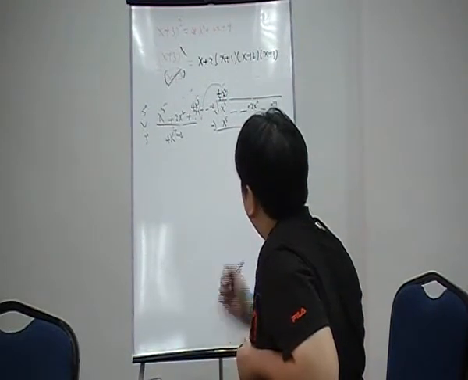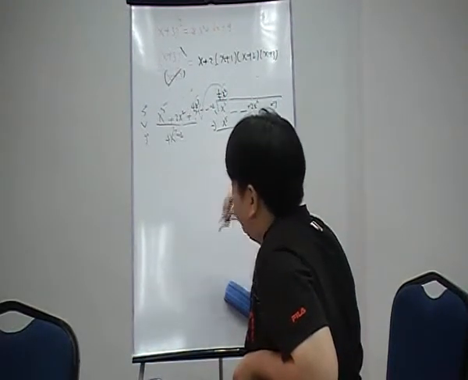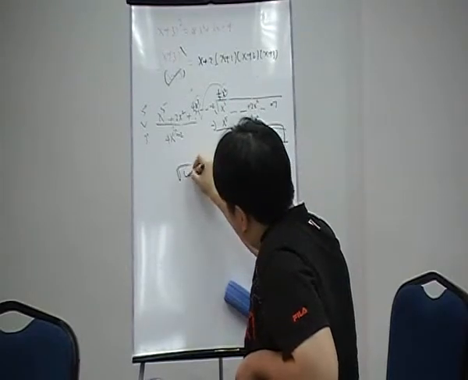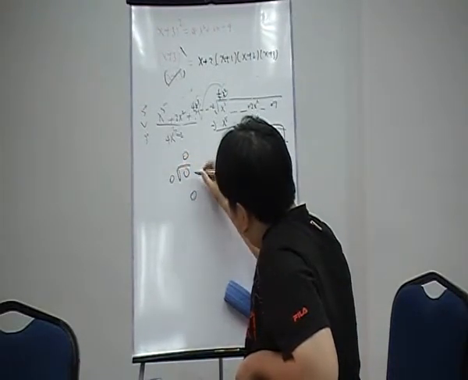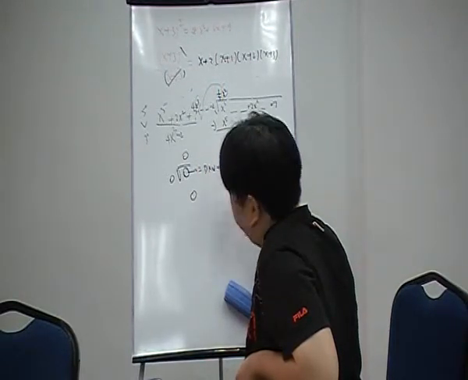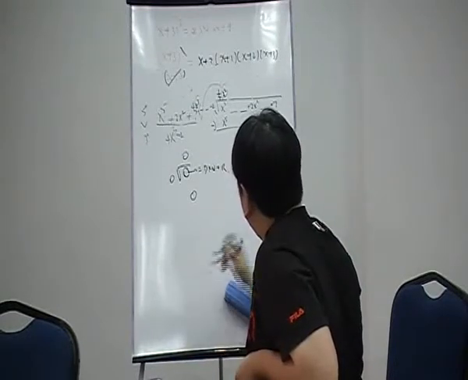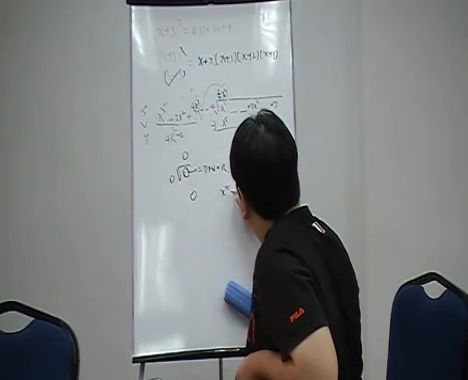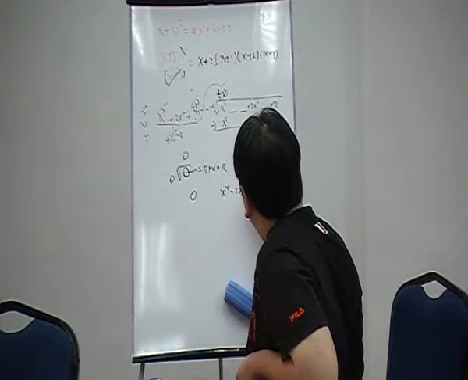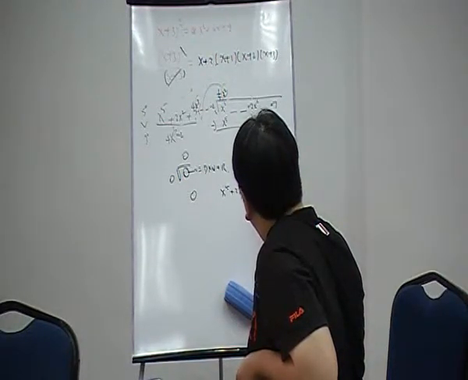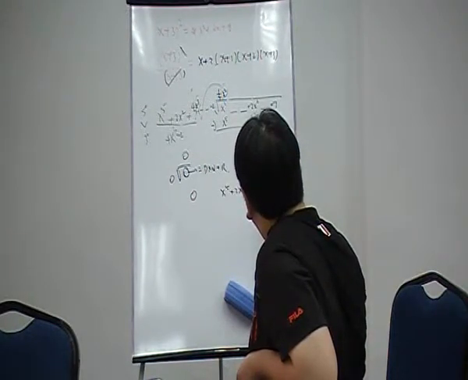So how do you write it back? You say this thing is equal to divisor times quotient plus remainder. Actually, you can do that also. So this thing equals divisor times quotient plus remainder.